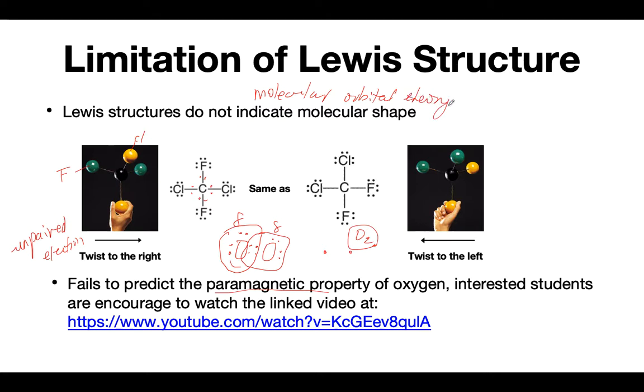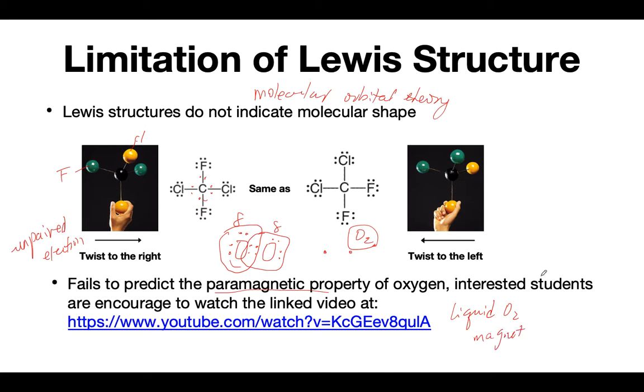That clearly tells oxygen has 2 unpaired electrons, and you can see how to check whether they are paramagnetic or diamagnetic. Watch this video, and this video tells you that oxygen is paramagnetic. If you cool down and convert the oxygen to liquid oxygen, then this liquid oxygen will be attracted to the magnet.